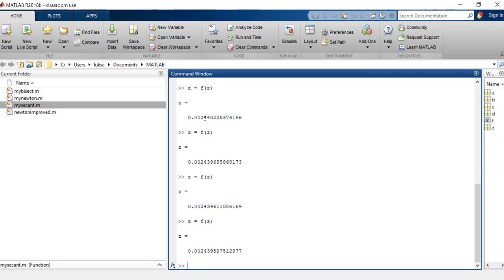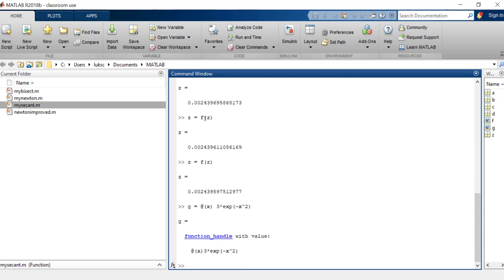Now, be aware that not everything is going to converge. One of the other examples that I had there was x equals 3e to the negative x squared. Let me type that in. So g equals at x, 3 times exponential of negative x squared. I didn't remember the semicolon.